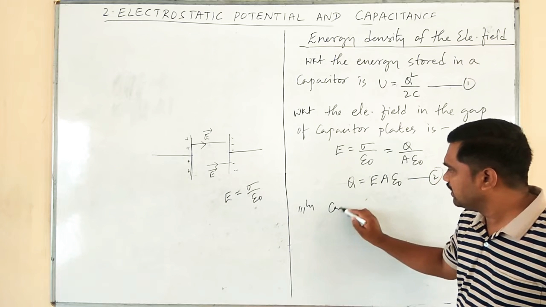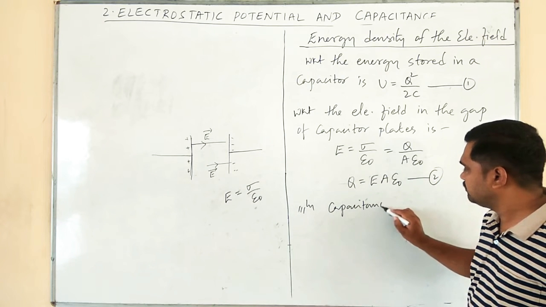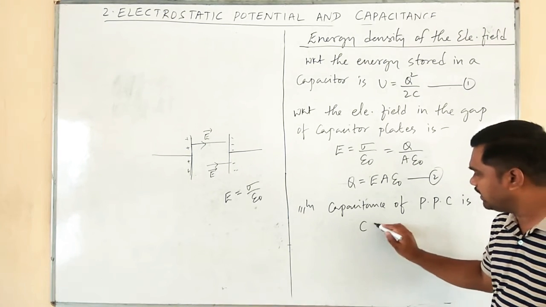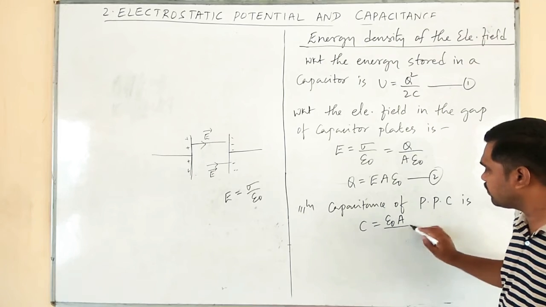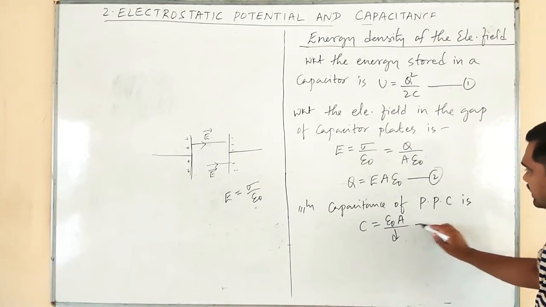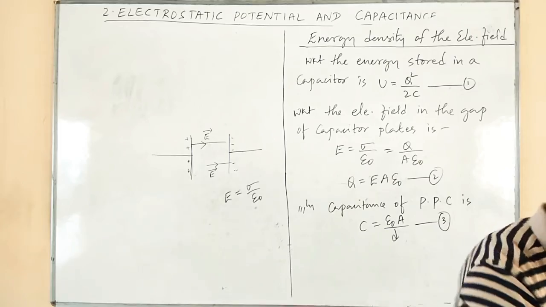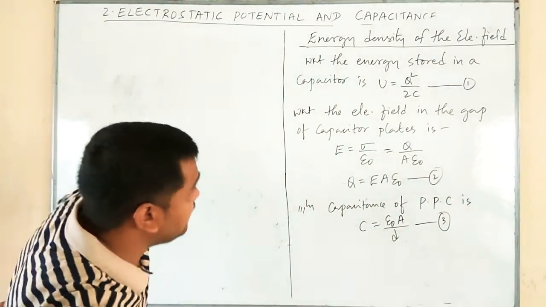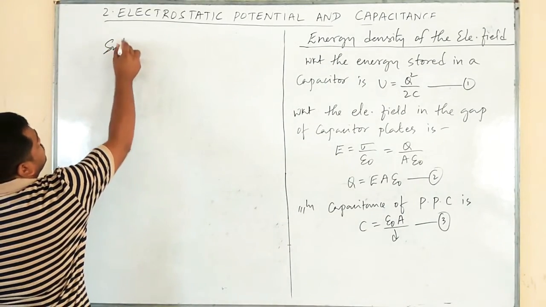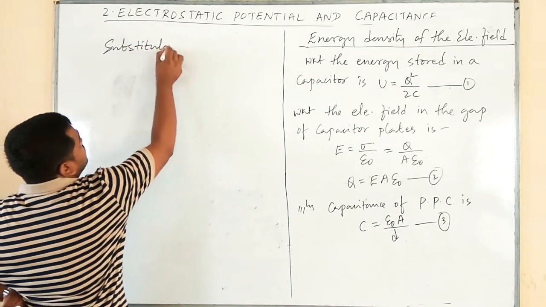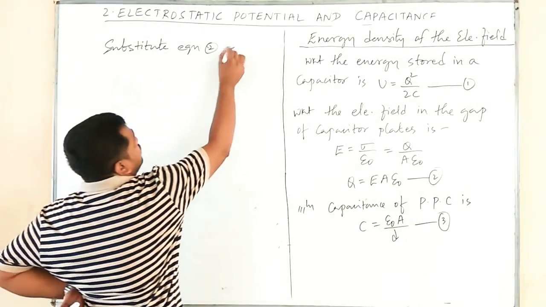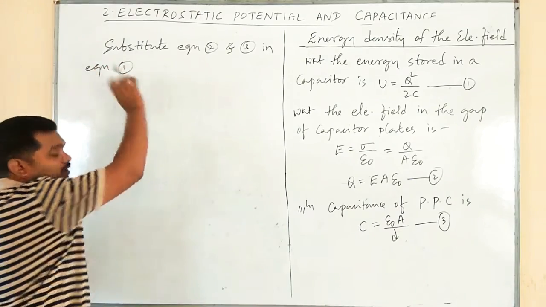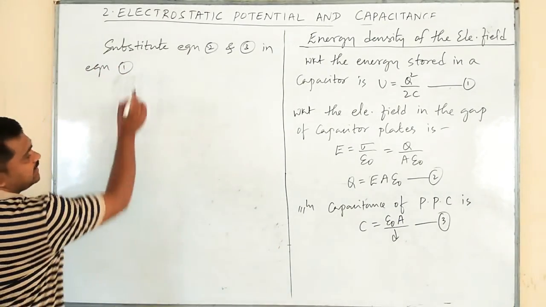Similarly, capacitance of a parallel plate capacitor is given by C is equal to epsilon naught A over D. Call it equation 3. Next, substitute equation 2 and 3 in equation number 1. What do we get here?